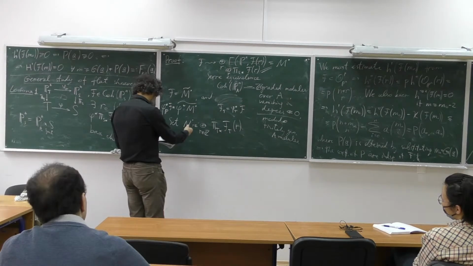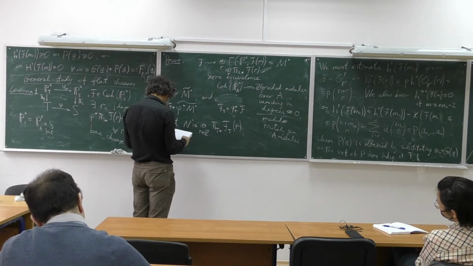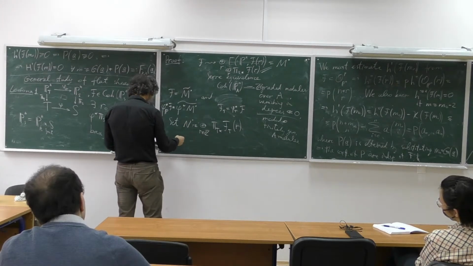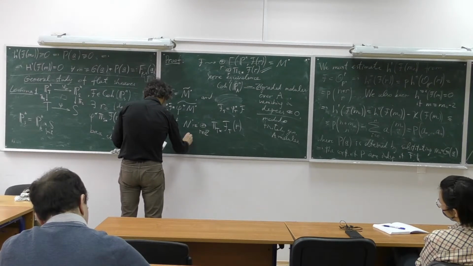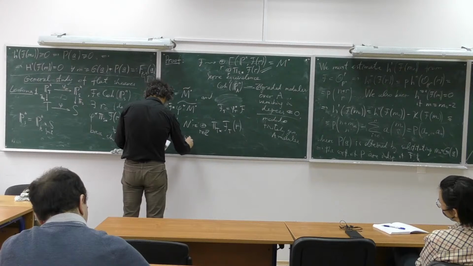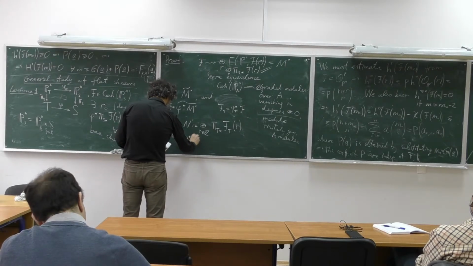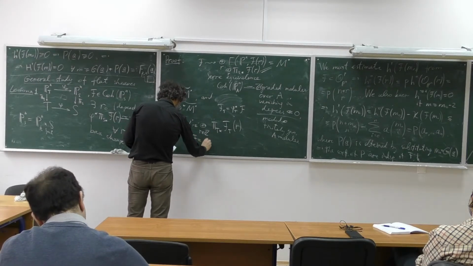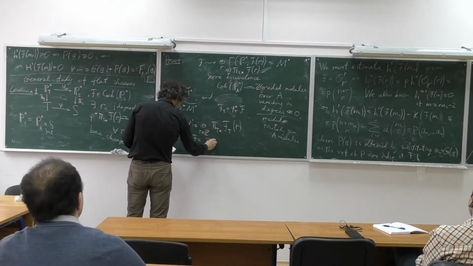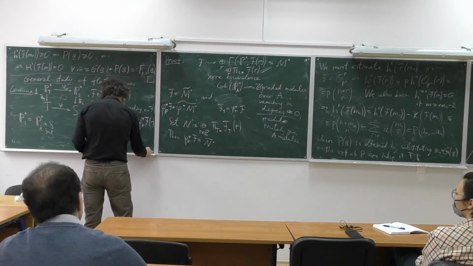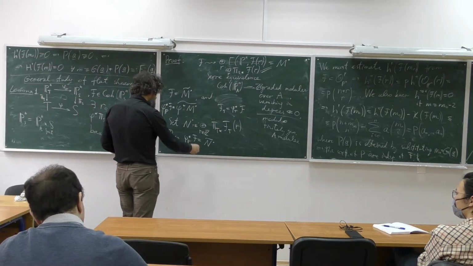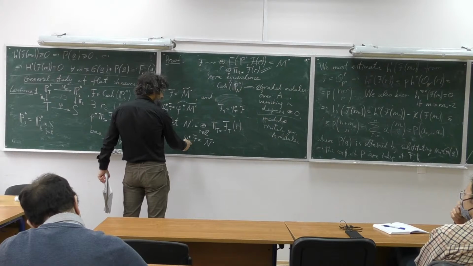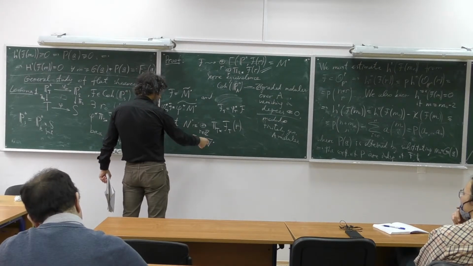Okay, so we can take this N, and then with this definition, the pullback of F will be just the localization of this graded module N. Okay, and now we see that the same localization is obtained from two modules.